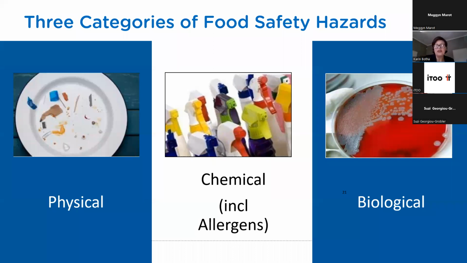So there's different categories of food safety hazards. We call them hazards because they can do harm. The first one is physical. So if there's a physical contamination, obviously it can be malicious or damage of machinery or equipment that broke or caused introduction of any glass pieces or anything into your product.